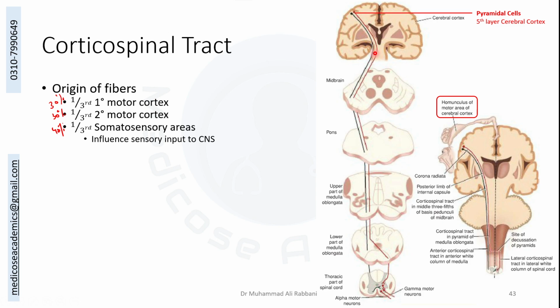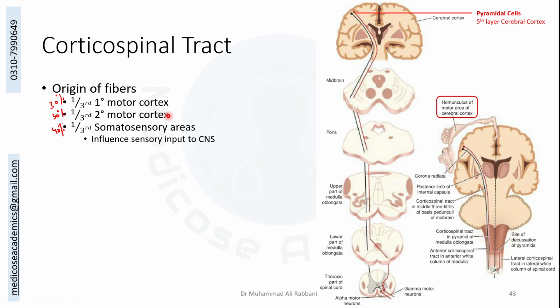One third is coming from the primary motor cortex, that is area 4, in the precentral gyrus. One third is from the secondary motor cortex, that is the premotor cortex and part of the supplementary motor cortex. And the last third, interestingly enough, even though it is a descending tract, is coming from the somatosensory cortex, the postcentral gyrus, the sensory one.